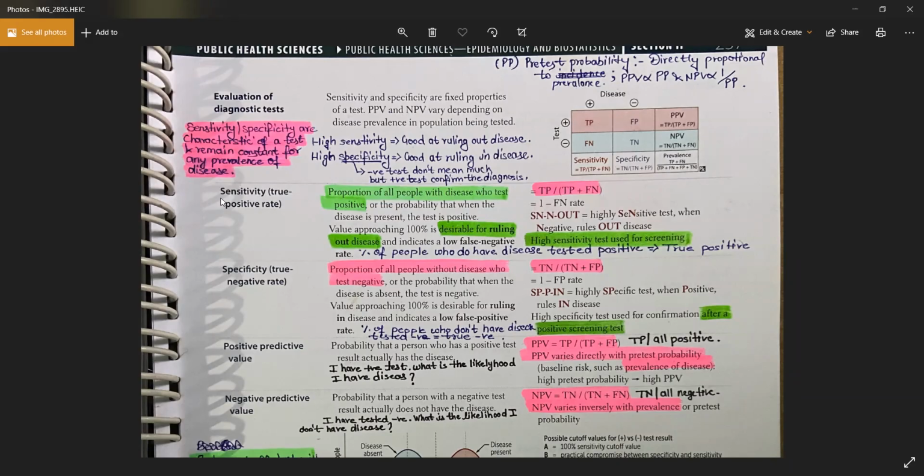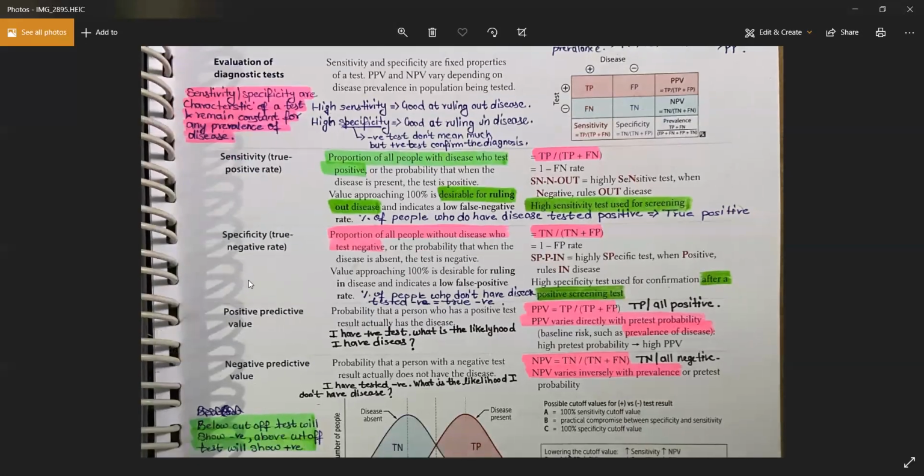This is it. Then comes the specificity, which is the proportion of all the individuals without the disease who are actually tested negative. Okay, so the proportion of all the people who are without the disease and who have this test negative, which means the true negative, which means the patients who are truly negative.